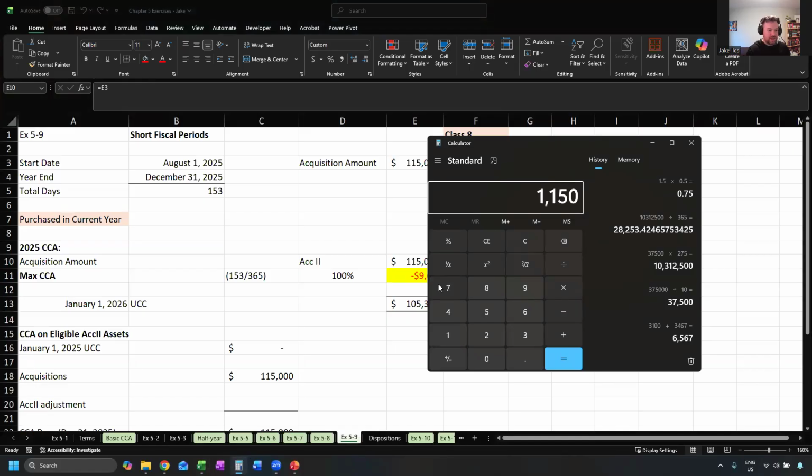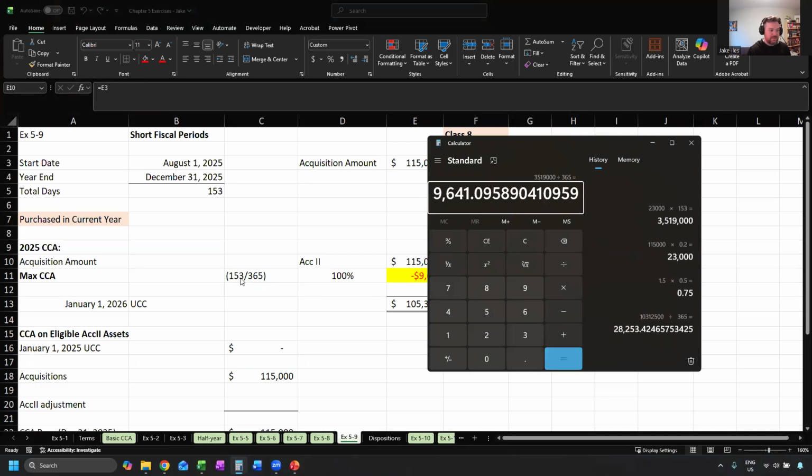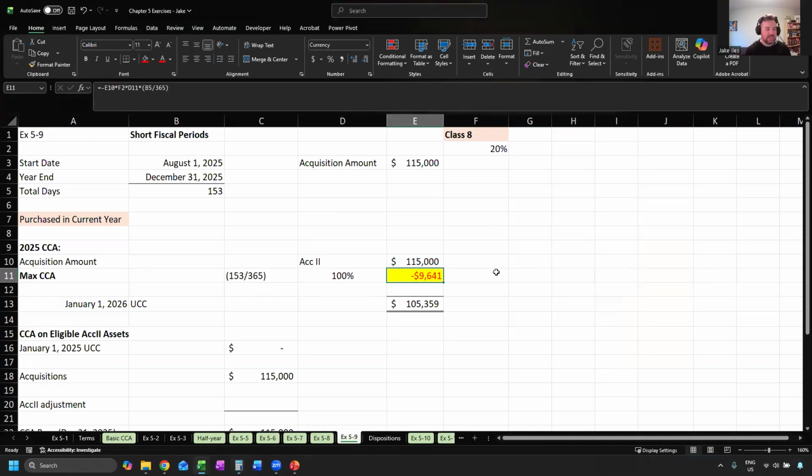So 115,000 times 20%, normally 23,000, but we need to adjust it for the number of days in the year: 153 divided by 365. So that means our CCA that would have been $23,000 is now only going to be $9,641. Its UCC remaining will be $105,359.